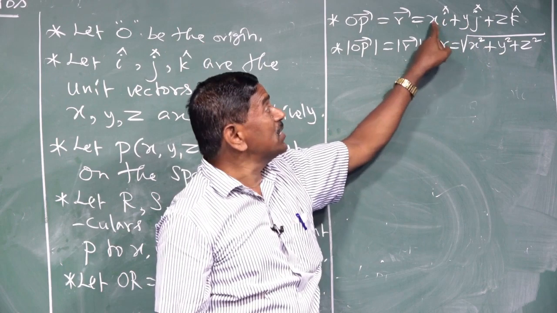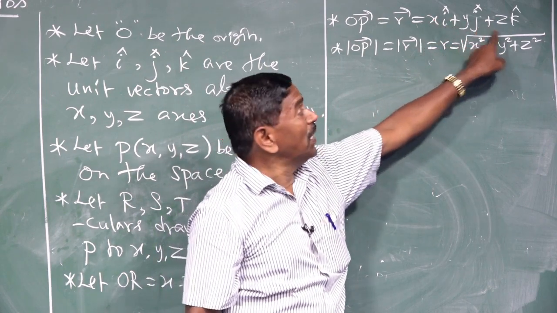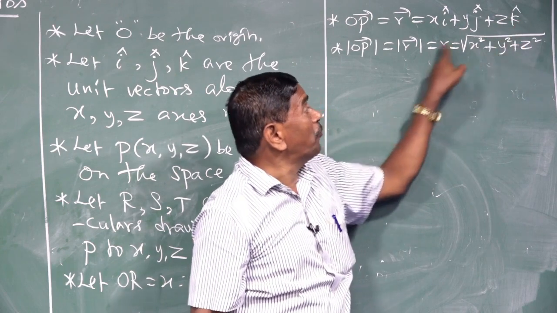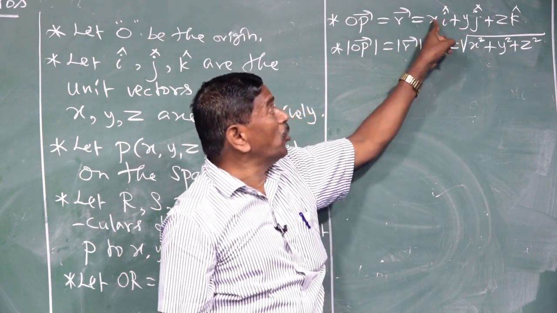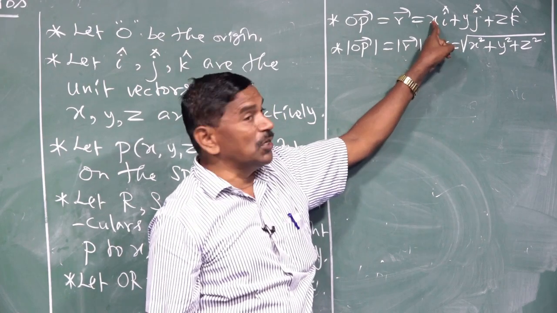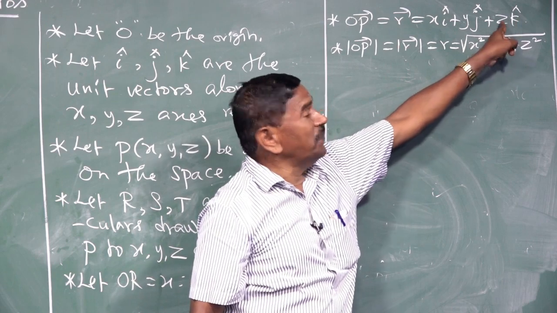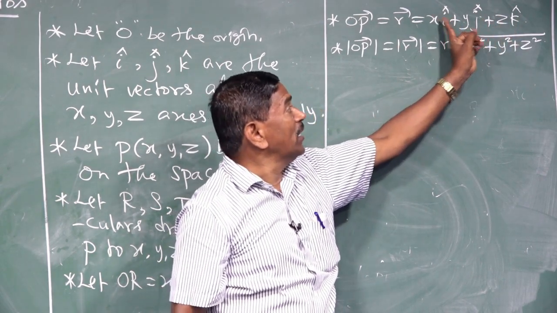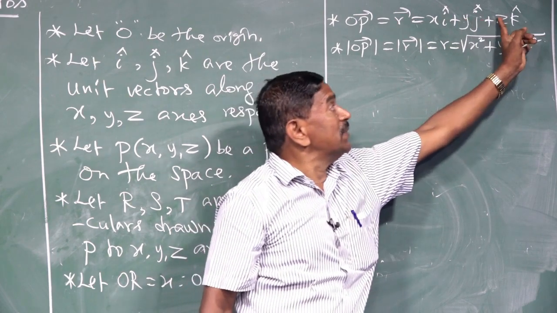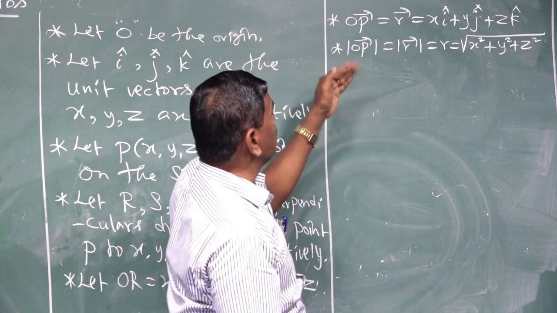Yes, the i cap coefficient is 1, the j cap coefficient is 2 and the k cap coefficient is 3. Therefore, 1 squared plus 2 squared plus 3 squared. Likewise, you can find it for any vector. Okay, the modulus of the r vector is ready.